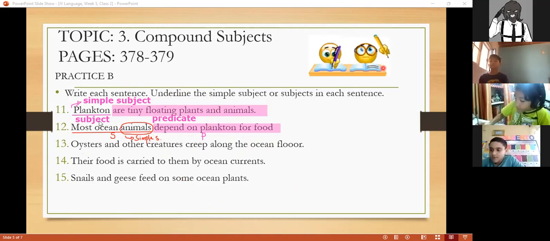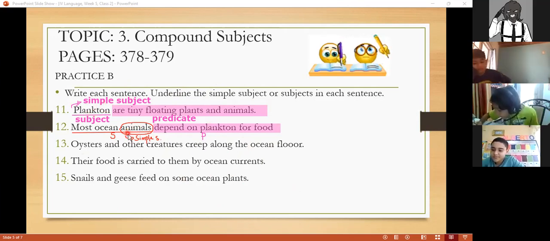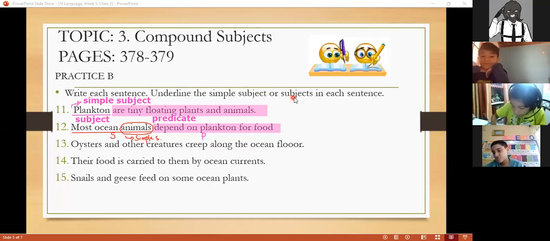Now, look here. The simple subject is the same as the subject. In sentence number 2, animals is the simple subject. In number 13, you need to identify if you have a subject, simple subject, or subjects. It can be compound subjects, more than one.